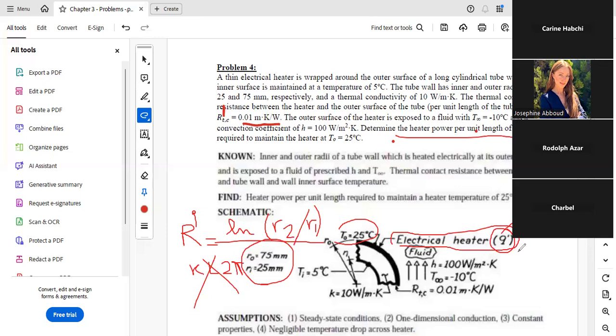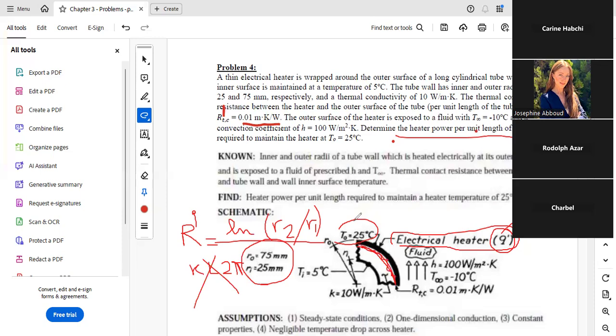Now, what do we have in this problem? They told us that we have a contact resistance between the heater and the outer surface of the tube. This is the tube outer surface, and between the electrical heater and this outer surface we have a contact resistance.